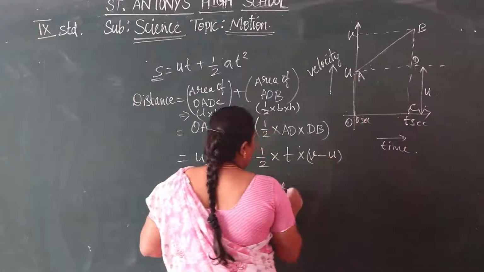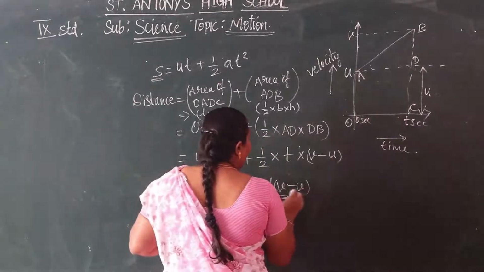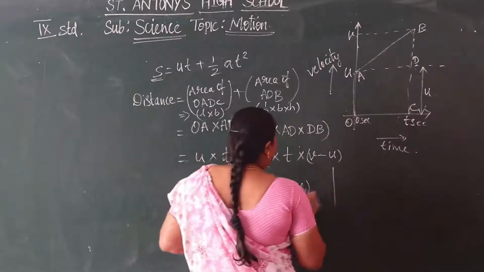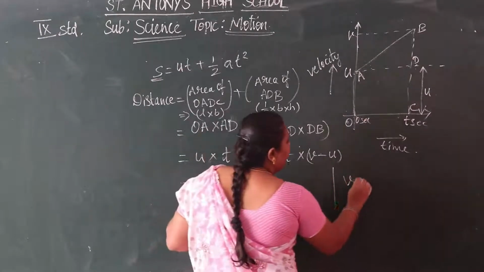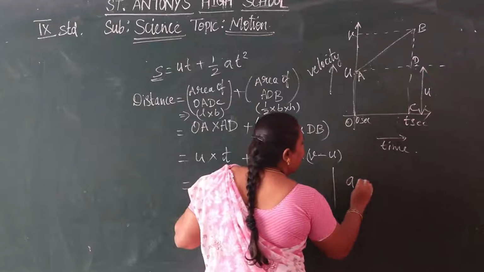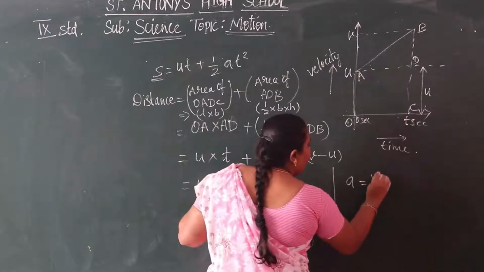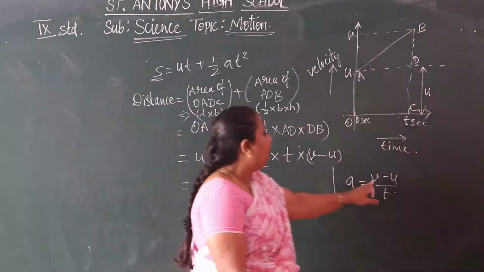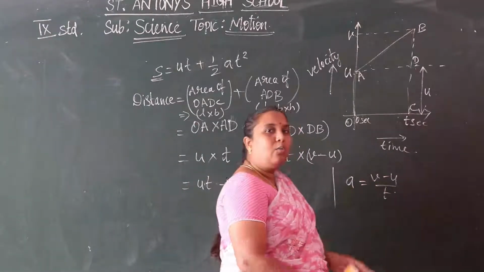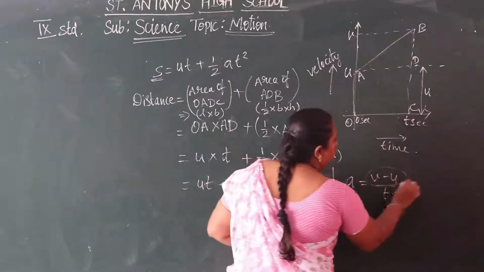v minus u. This v minus u we can write it as, see, acceleration a equals v minus u by t. Now we want only v minus u here.